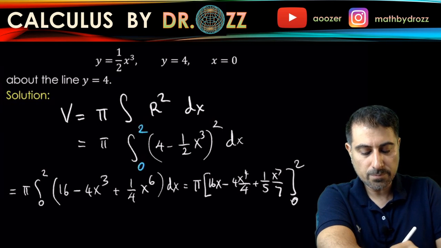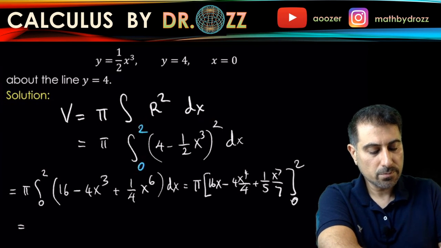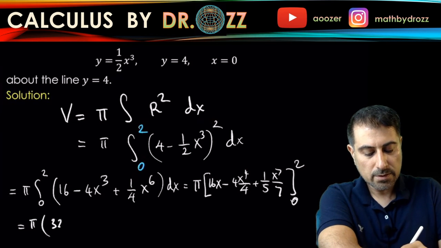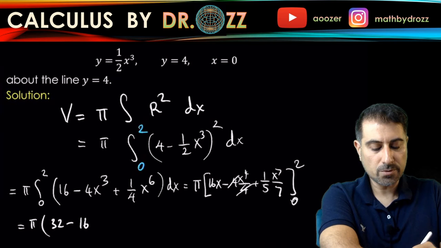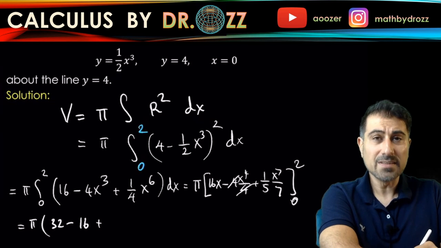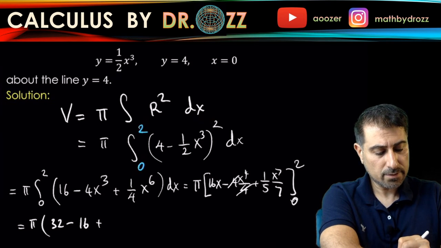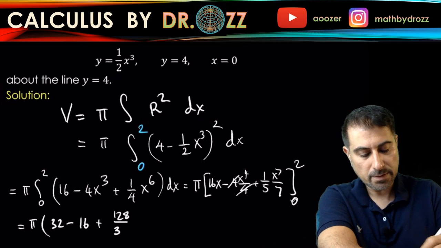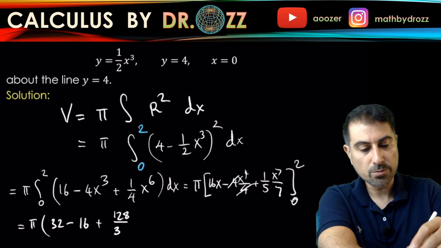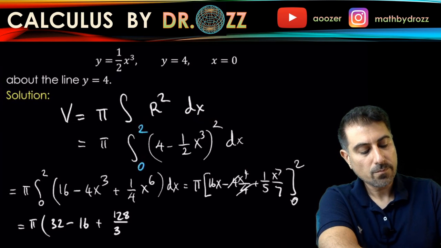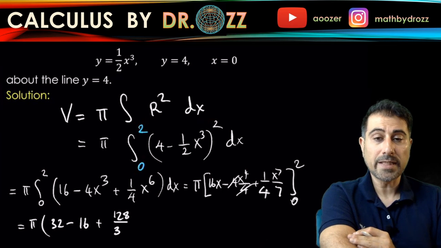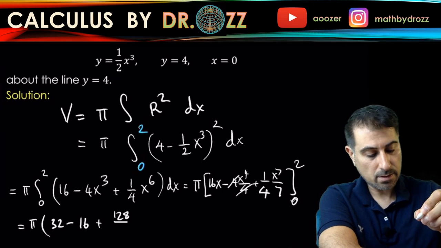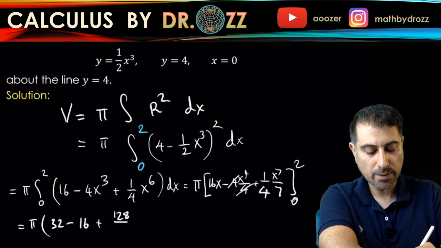Let's plug in 2. You have 32 minus 16, where the 4's cancel out. Then 2 to the 7 is 128, divided by, let's see, this is 4, by the way. I just made a typo here. So 2 to the 7 is 128, divided by 4 times 7, which is 28.